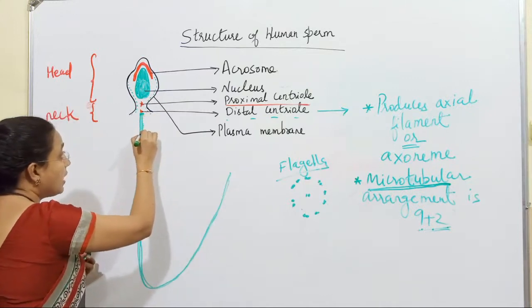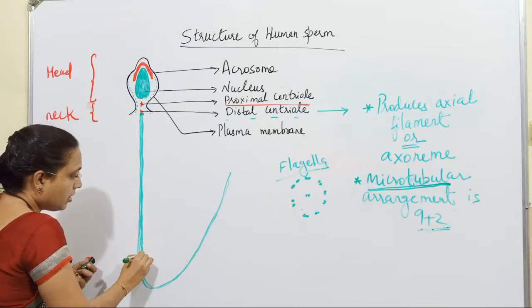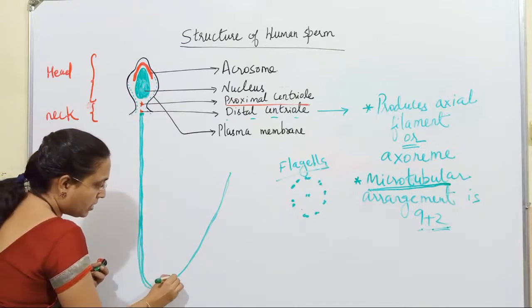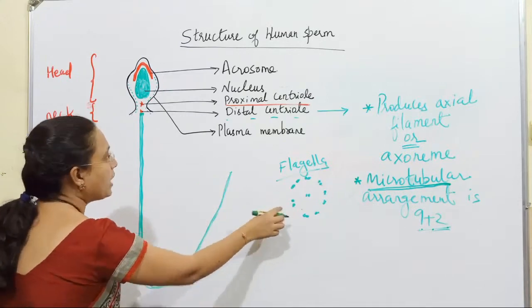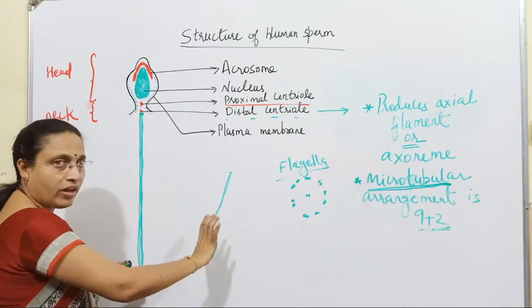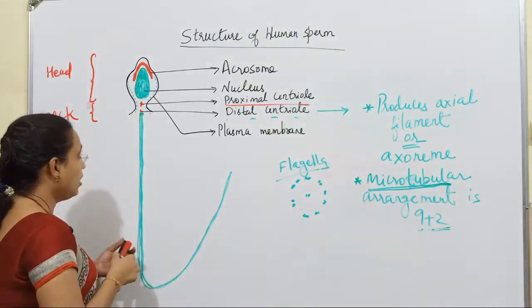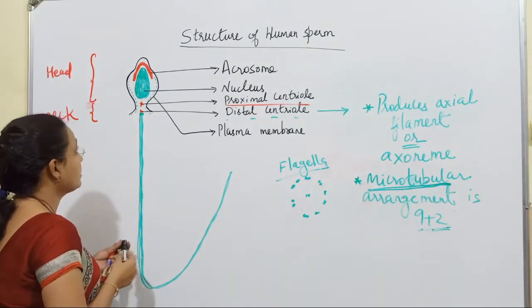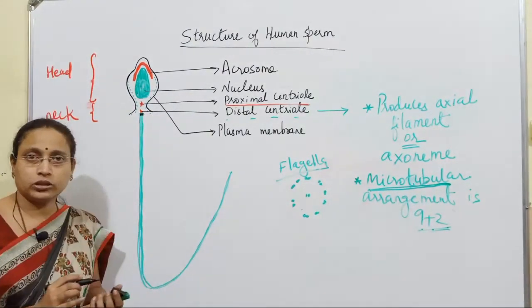The movement of the tail is basically due to this axial filament, which is in the form of a 9 plus 2 arrangement. Now it will not grow everywhere. The point of growth is in the basal body. So here this is the basal body, the point of growth.